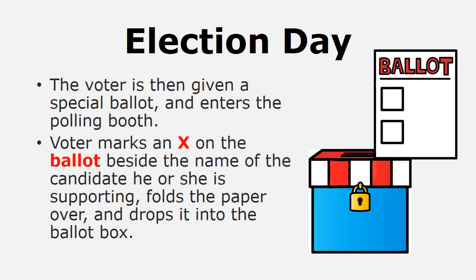The voter is then given a special ballot and enters the polling booth. The voter marks an X on the ballot before the name of the candidate he or she is supporting, folds the paper over, and drops it into the ballot box.